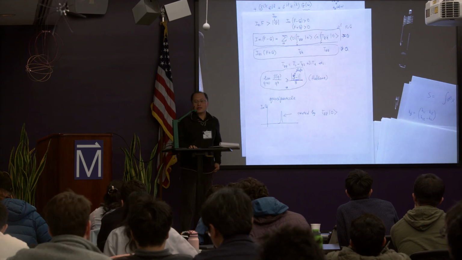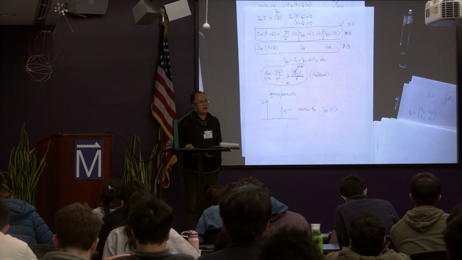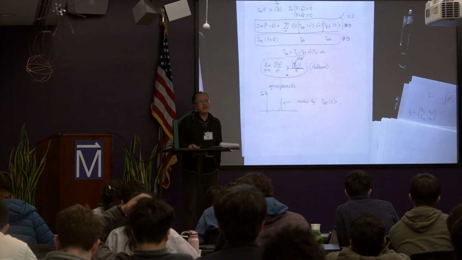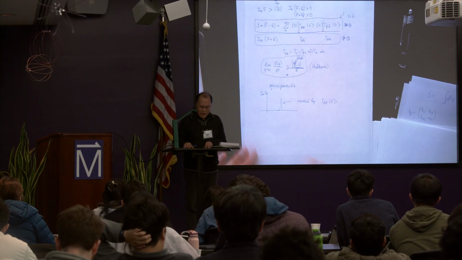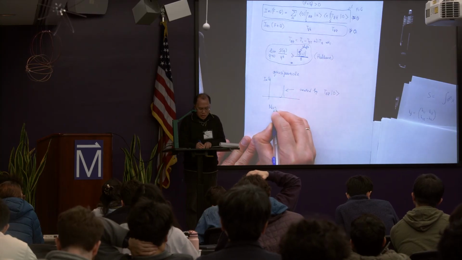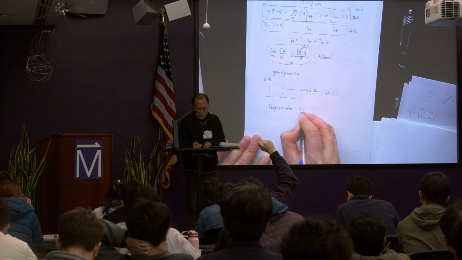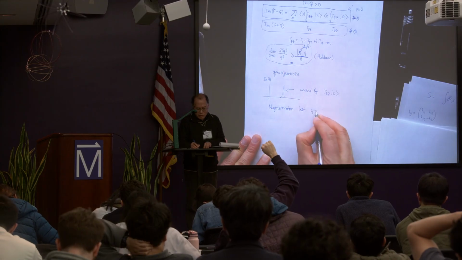So is it a new particle, or is it something old that is known before? I claim that this is nothing but the old magnetoroton, but at Q equal to 0.